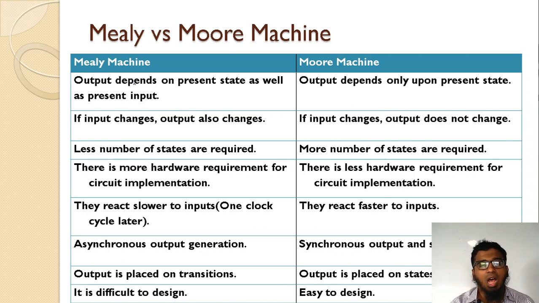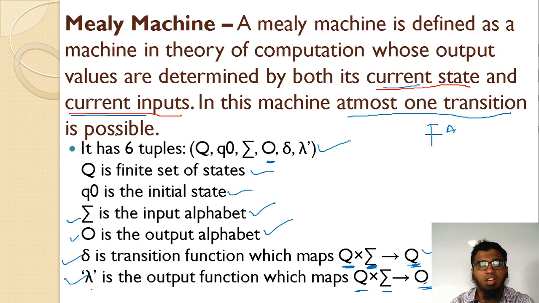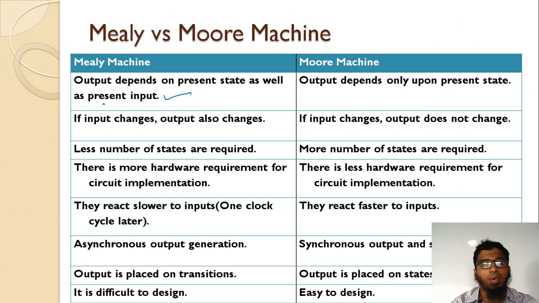The first one is that output depends on present state as well as present input. As I told, in the Mealy machine it is current state and current input. In the Moore machine, output depends only upon the present state.